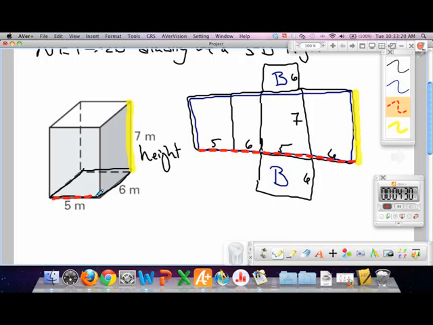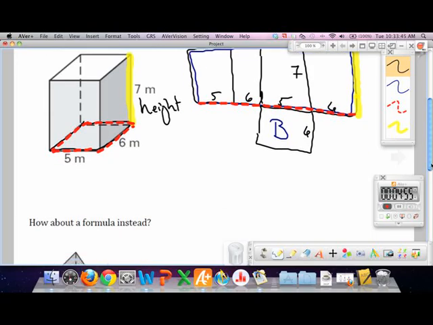So the area of this big rectangle then better be the perimeter of the base times the height, which is the distance between them. So the formula we're going to use for calculating the area of a prism, whether it be a rectangular prism or a triangular prism, which we'll see an example of in just a second, we're going to find the surface area is twice the area of the base plus the perimeter of the base times the height.